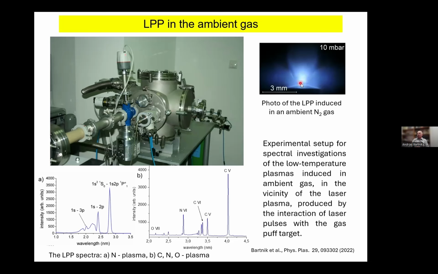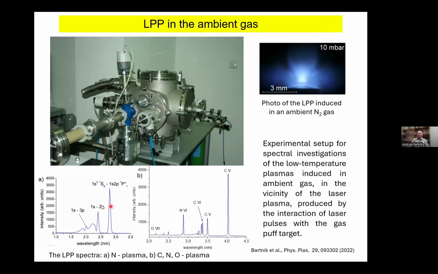This high temperature plasma irradiates the surrounding gas, the ambient gas, and can form a low temperature plasma. So it is similar in some sense to discharge plasma systems. The gas which is injected through the nozzle to form the target has the same composition as the gas filling the chamber, so its composition doesn't change.